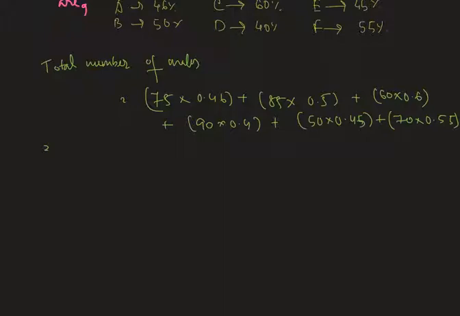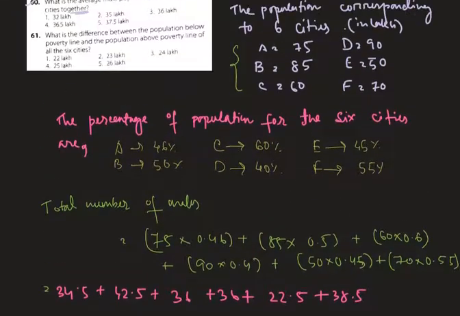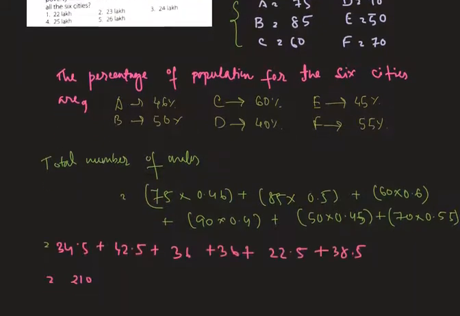This results in 34.5 plus 42.5 plus 36 plus 36 plus 22.5 and lastly 38.5, and after adding all these we get 210. Now we need to find the average male population.